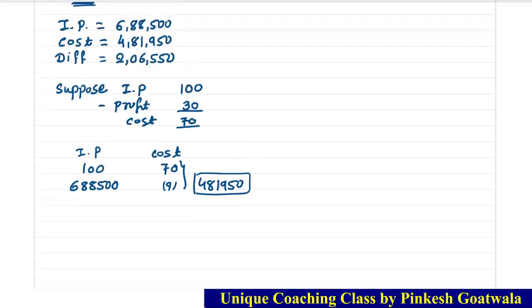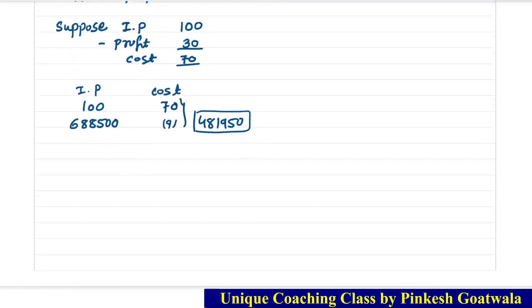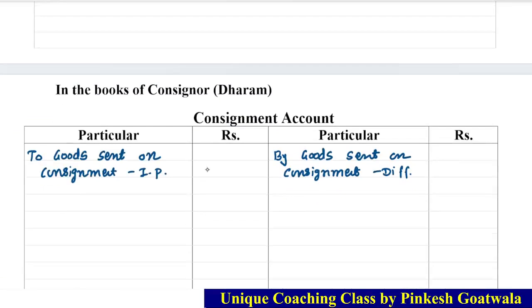Okay, આપણી પાસે amount ready છે. Invoice 6,88,500, difference 2,06,550. Okay, so we have the amount ready. Okay, આપણી પાસે જે amount છે એ કેવી છે? રેડીમેડ amount જ છે. ડાયરેક્ટ આપણે લખી દેવાની 6,88,500, and here 2,06,550.